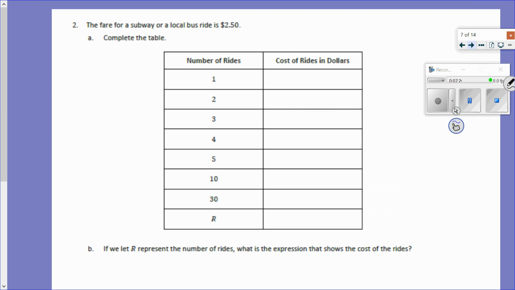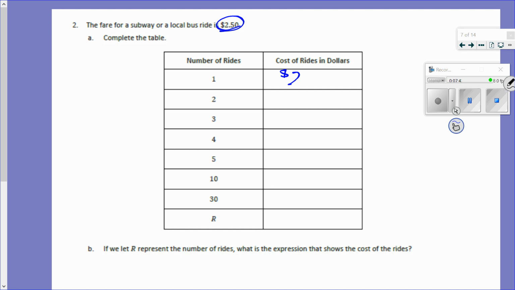Actually, we can do this one. Yeah, let's do this one real quick. Guys, this one should be very easy. Fare is $2.50. So if I do one ride, how much is that going to cost me? $2.50.